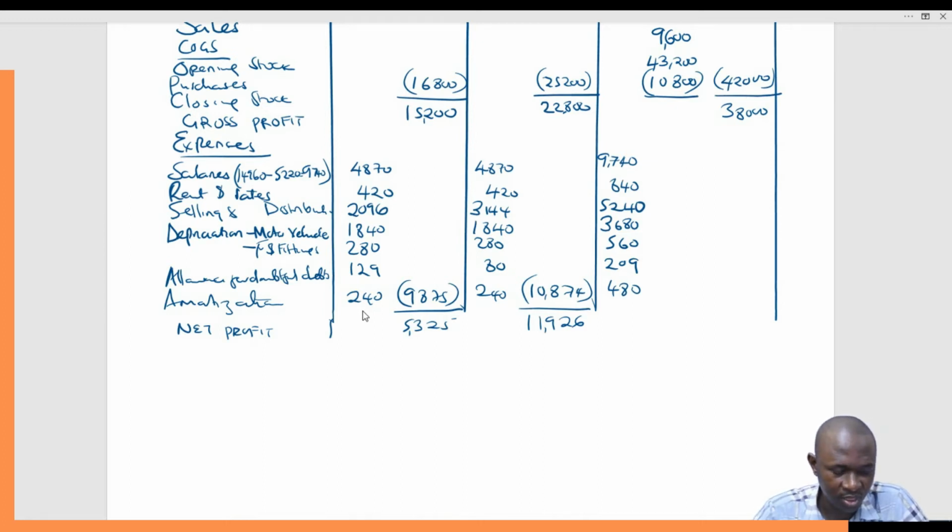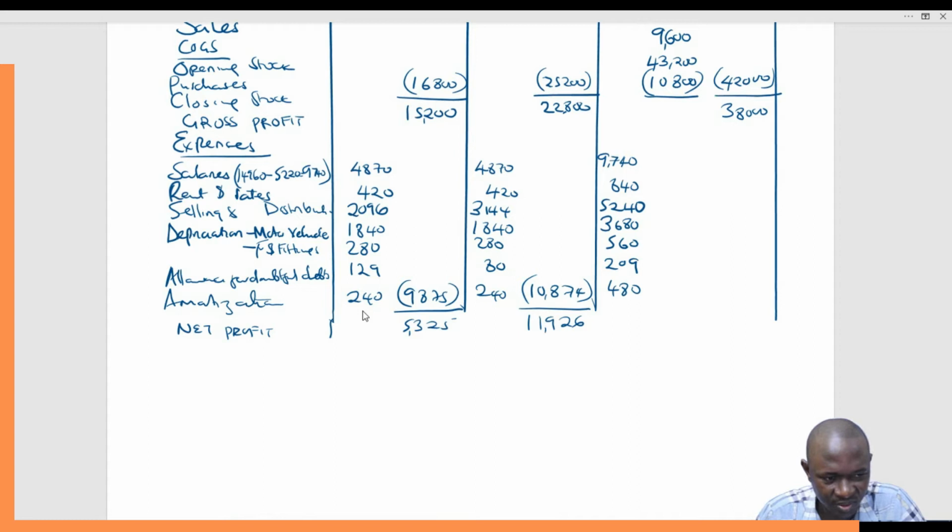Then we move to the last one, 9740 plus 840 plus 5240 plus 3680 plus 560 plus 209 plus 480. That gives us 2749.